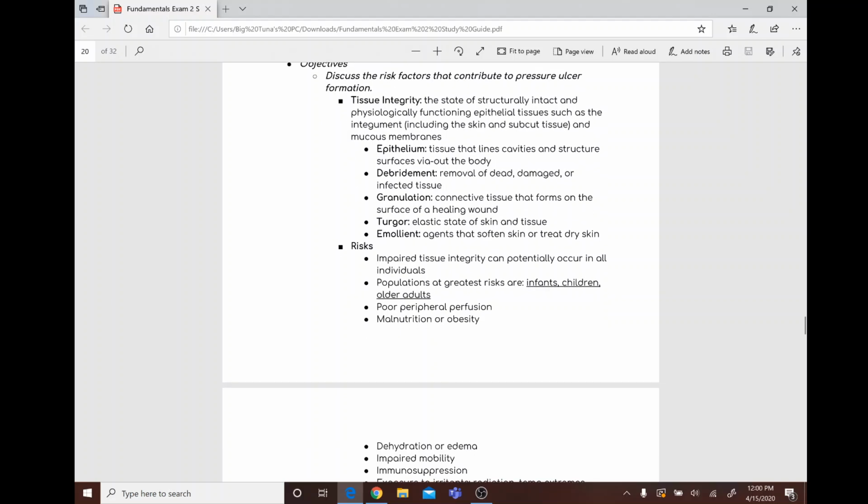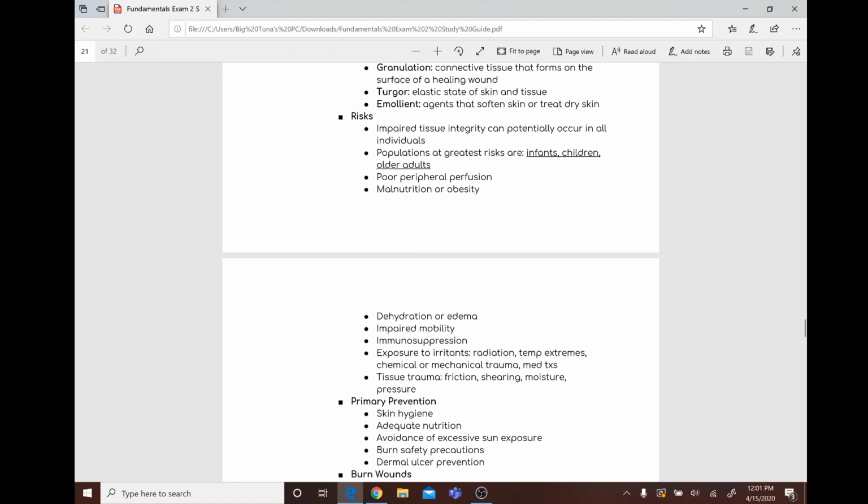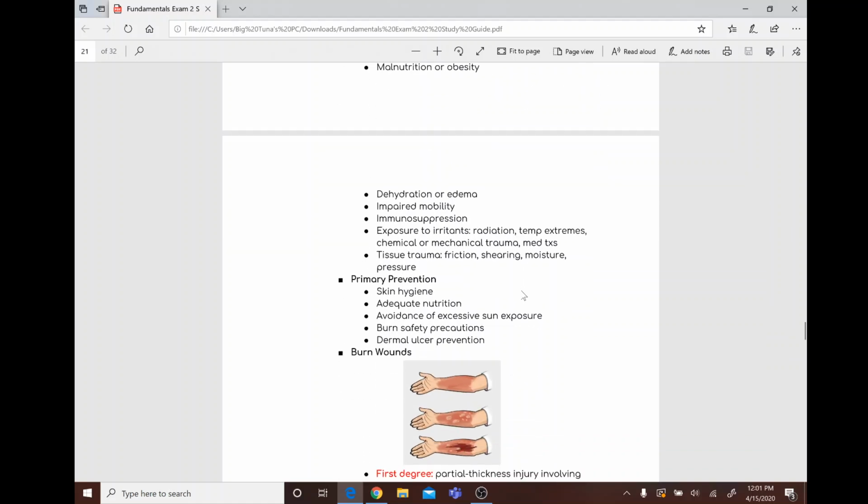What are the risk factors of tissue integrity? Can occur in all individuals, but infants, children, and older adults are at the greatest risk. So poor peripheral perfusion, malnutrition, obesity, dehydration, edema, impaired mobility, immunosuppression, exposure to chemicals, and tissue trauma.